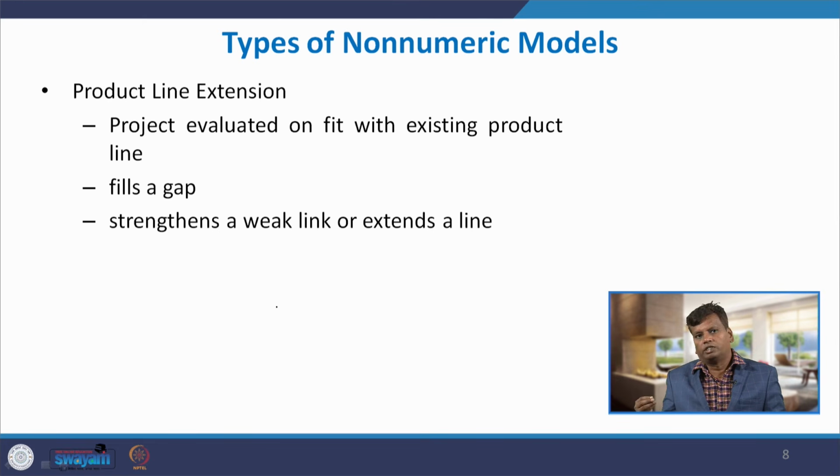Sometimes the new project will fill a gap in the existing product line, and sometimes the new project strengthens a weak link or extends a line. These are the situations where we should go for product line extension for choosing a project.